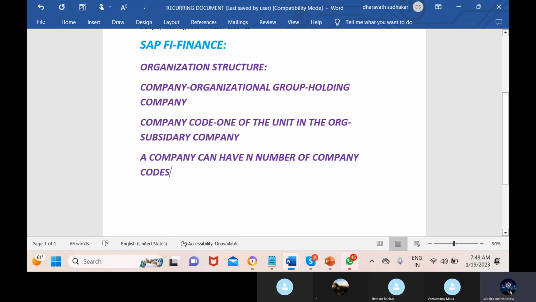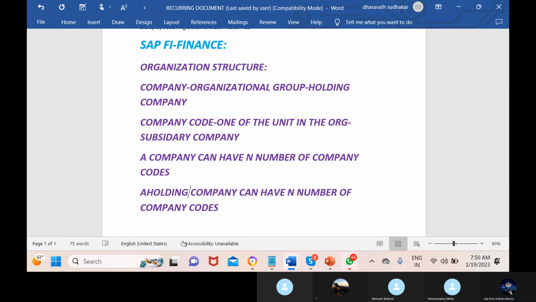A company can have n number of company codes, which is nothing but a holding company can have n number of subsidiary companies.